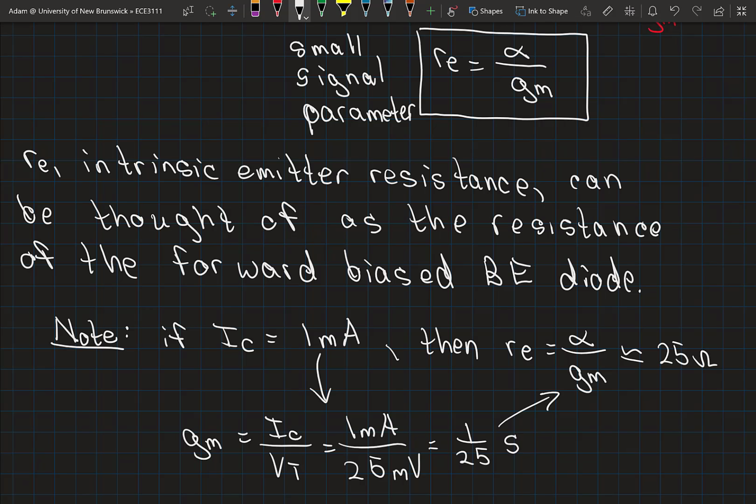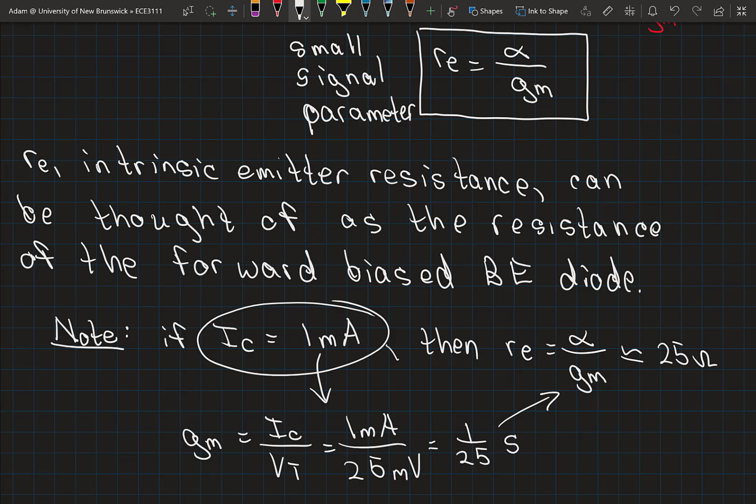So that just gives you a ballpark value of what we might expect for intrinsic emitter resistance at a pretty typical operating point for a BJT.